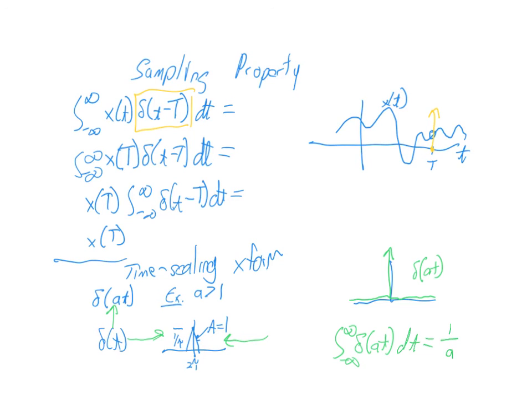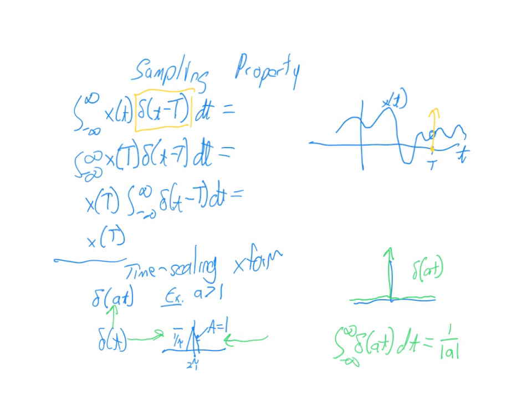So the area is only 1 over a. And if it's a negative number, I still have positive area because I have just time reversed the triangle here, but it's still a triangle in the positive direction. So we can see time reversal does not change the fact that I have a positive area in this function. So we need the absolute value there for that reason.